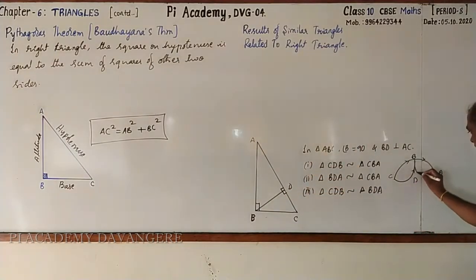Please do follow the same order. Observe. CBA is similar to CDB. Next, CBA is similar to BDA. Even I have shown the direction. Then CDB is similar to BDA. Forward, you can just remember this figure.